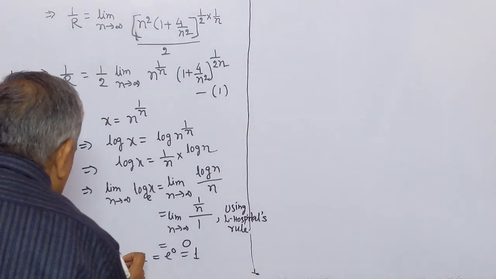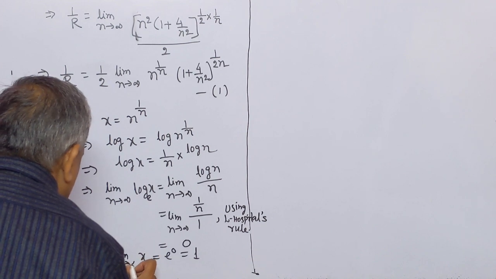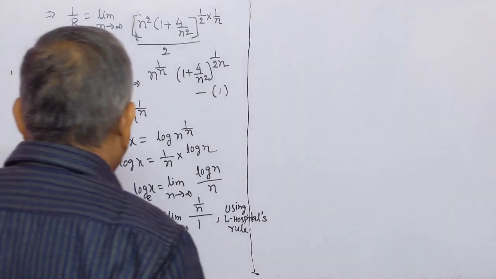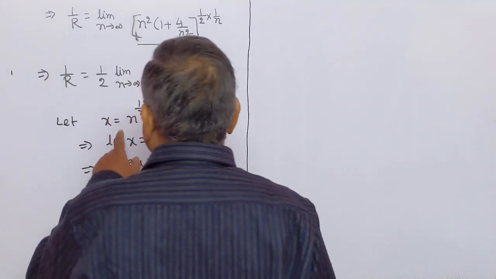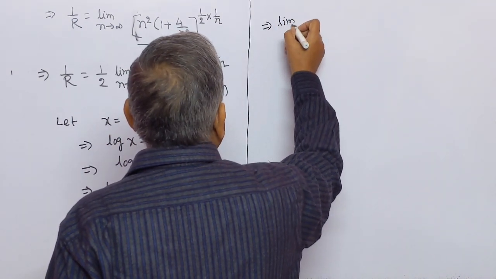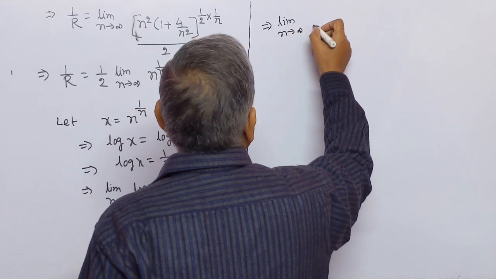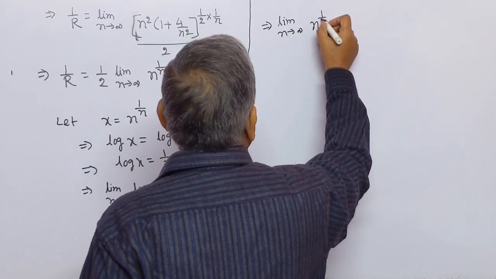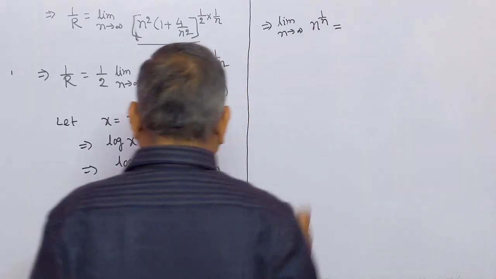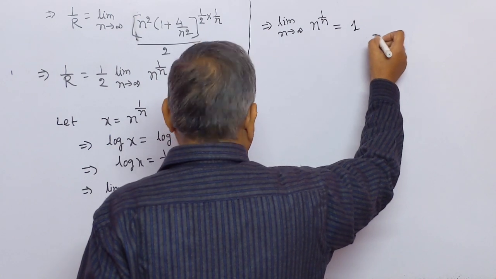Here limit n tends to infinity. Putting the value of x implies that limit n tends to infinity, value of x is n to the power 1 by n and this is equal to 1. This is number 2.